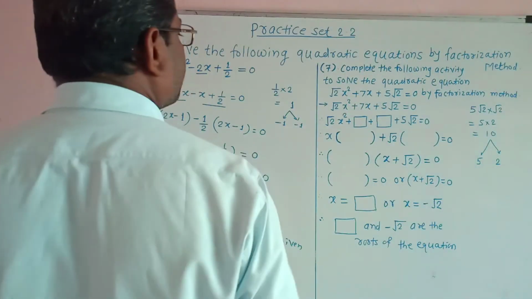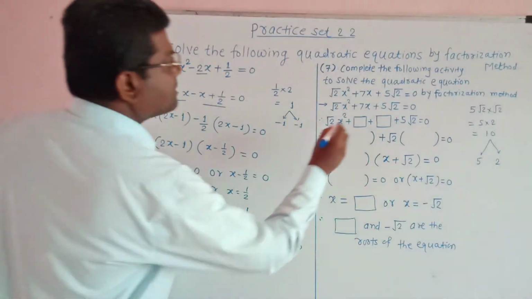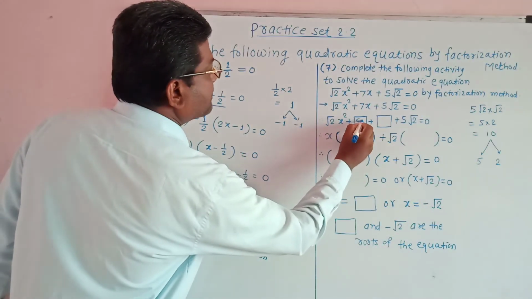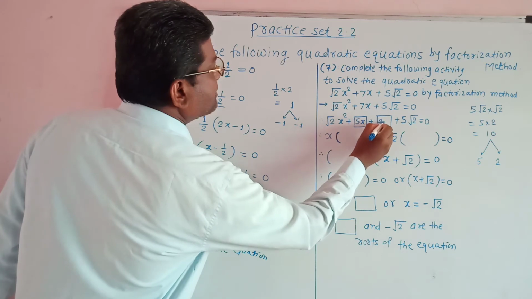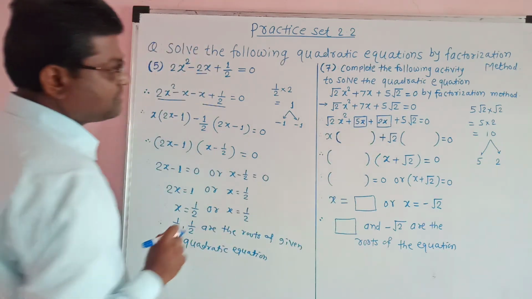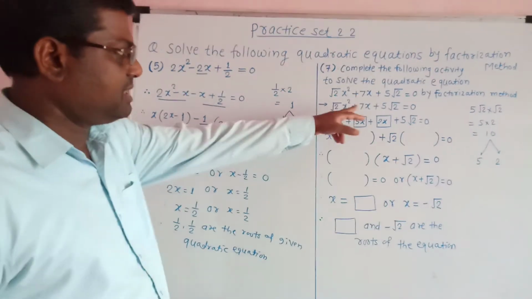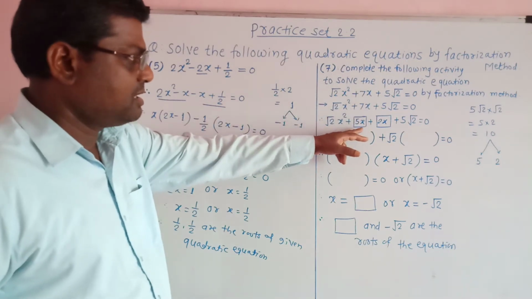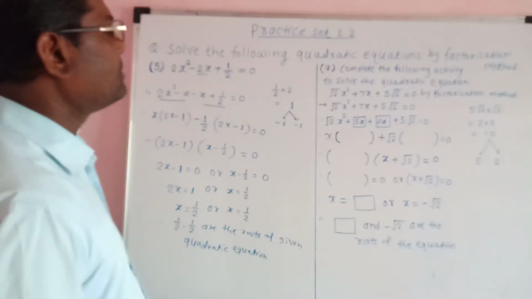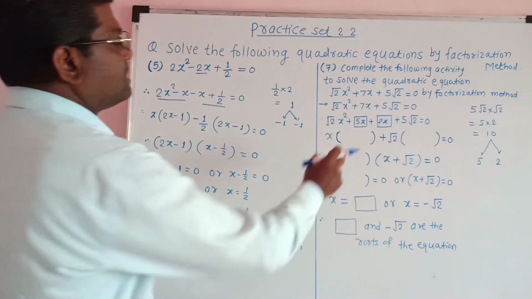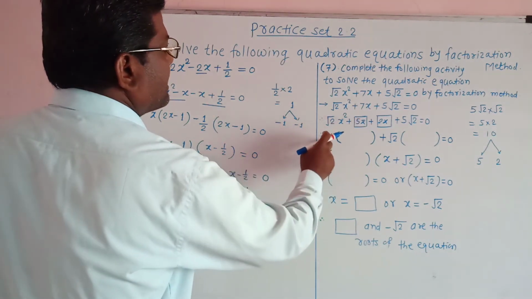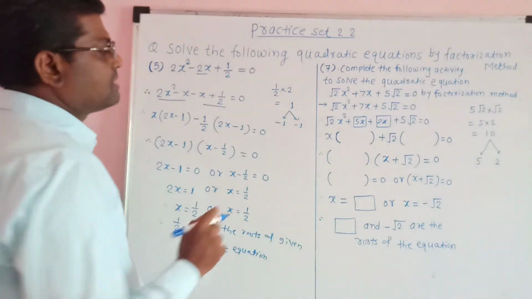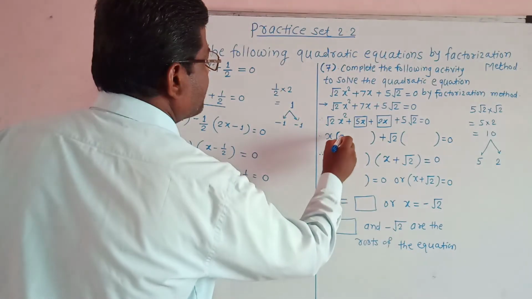So we write here in the first box 5x, and in the second box we write 2x. Thus we have split up 7x as 5x plus 2x. Now, in these two terms, x is taken as common. Therefore, what will remain in the bracket?